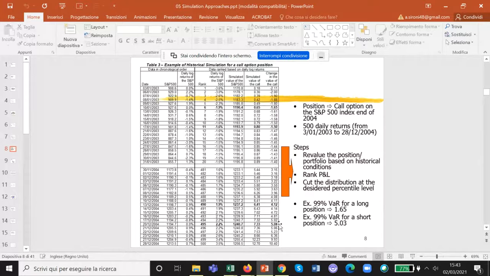Clearly, if I have a short position, i.e. I'm the writer of the option, the issuer of the call option, I lose if the option value does increase, okay? So that's very simply the logic underlying historical simulations. Is that clear to all of you, or is there any doubt or need of clarification?